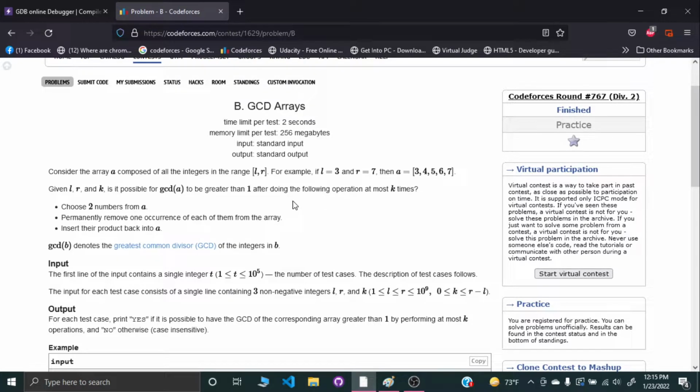Okay, first, before jumping on to the solution, I'm going to make some claims and facts that are going to help us solve this particular problem.